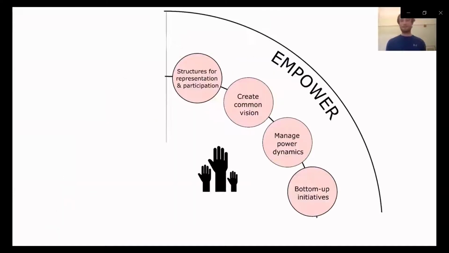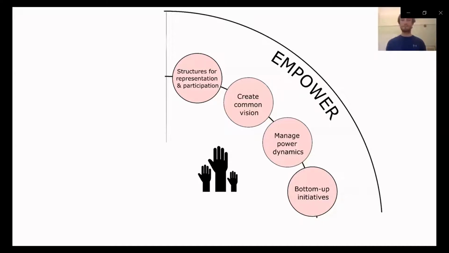Okay, let's move on to the next one, to empower, because that's another important part of this framework. Empowering is all about having structures for representation and participation, a way in which local community members can have their say and have their voice heard, and also participate, for example, through volunteer groups.